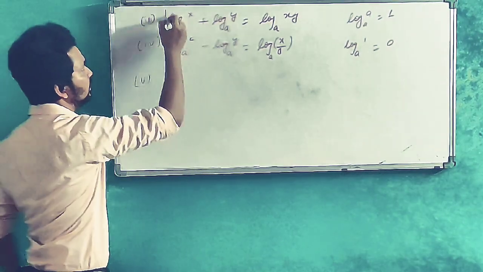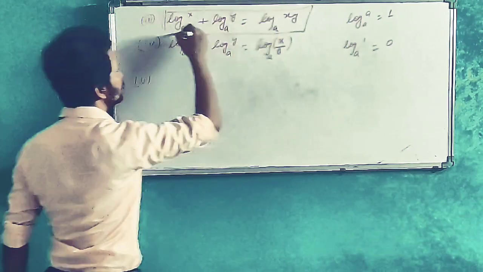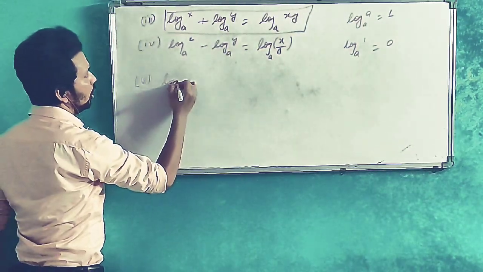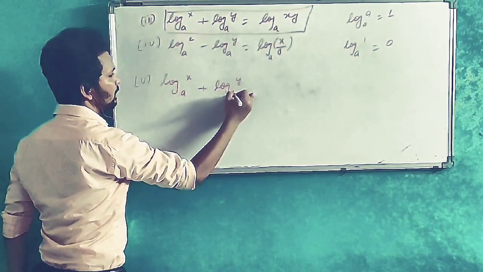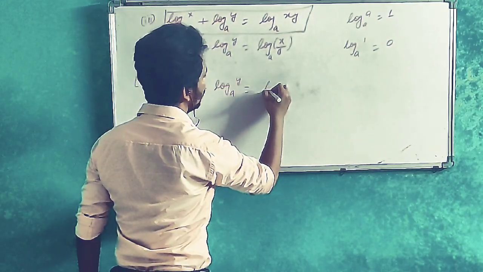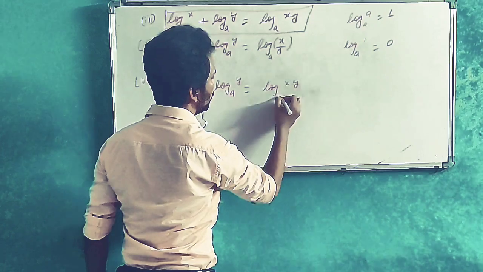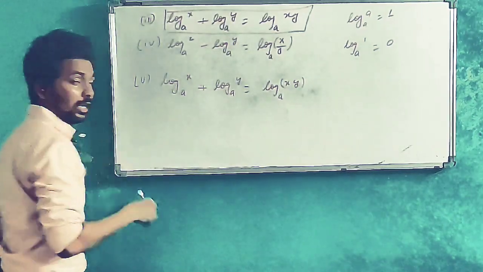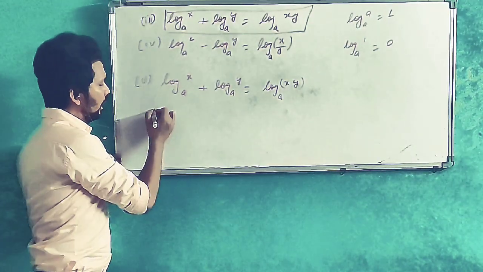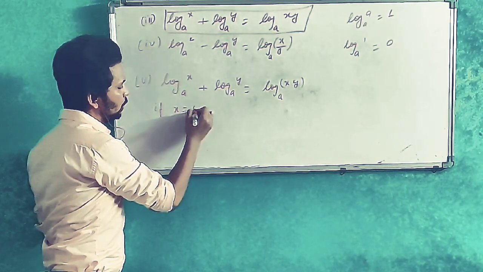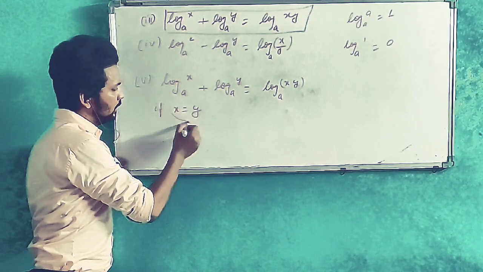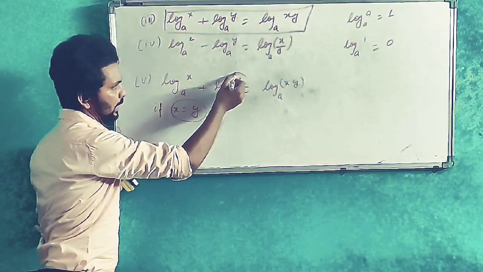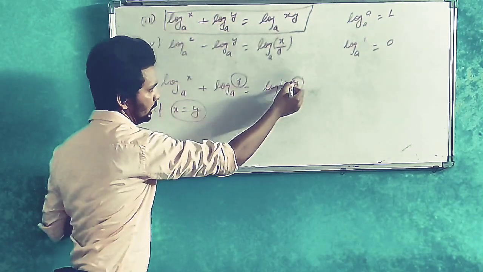Using this property, log x base a plus log y base a is equal to log x into y base a. Now if I have x equal to y, then I'll put x in place of y.